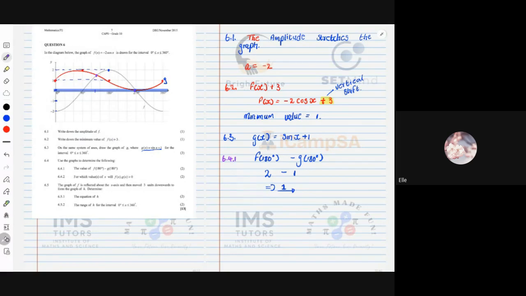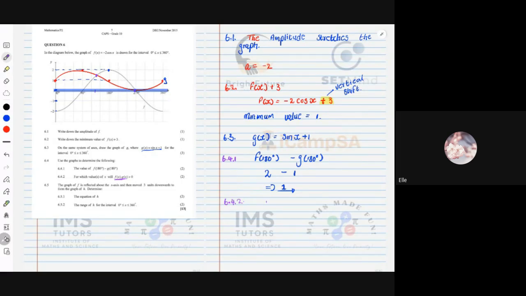One thing you can do is divide maybe by g at x. Not sure if that will change the inequality sign, but since they said use the graph, we're simply going to use the graphs.